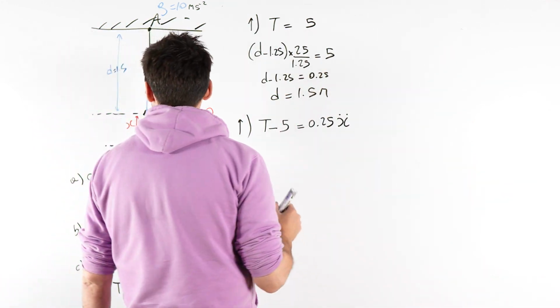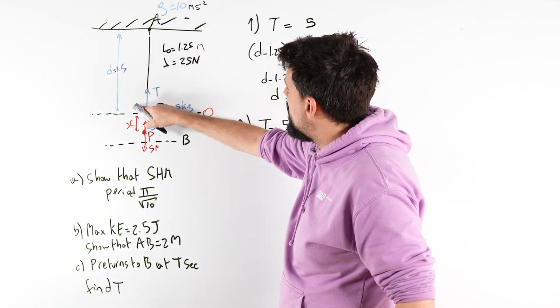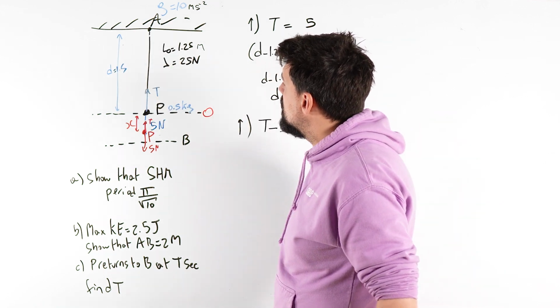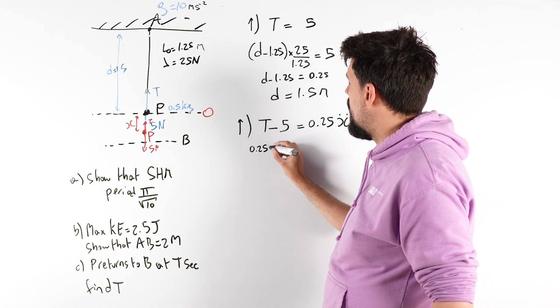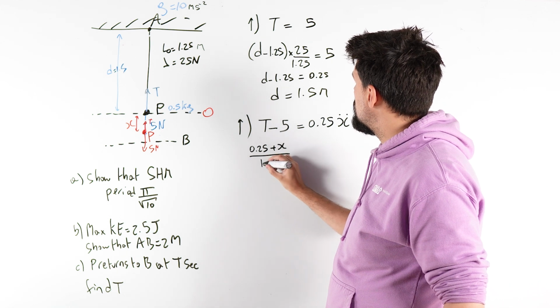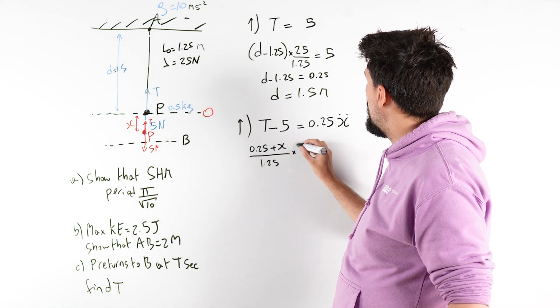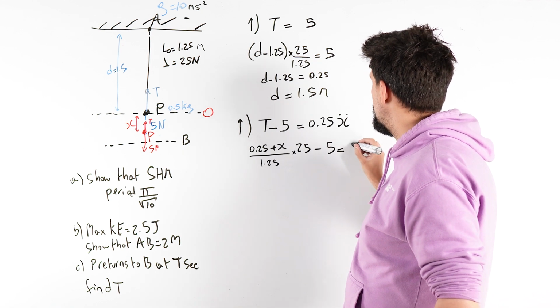Now, what is the tension? The tension is my extension. Well, at this point my extension is already 0.25. So my extension here is 0.25 plus x, over my original length, times 25. Take away 5.